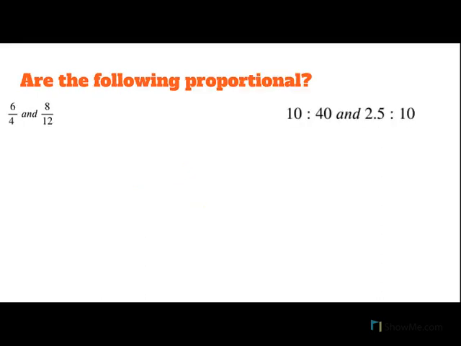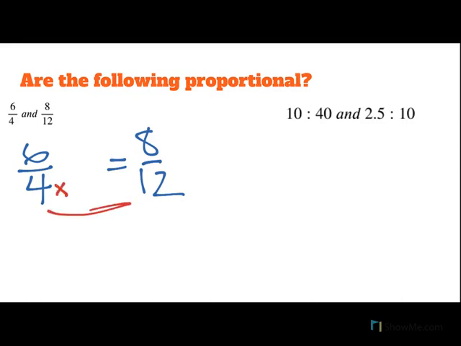So one thing we want to do is determine, are things proportional, yes or no? So, for example, here I have 6/4 and 8/12. Can I see if these are proportional? Well, the idea is that I should be able to take one, multiply it by something, and then get the other one, right? So if I wanted to get my bottoms to be the same, I'd multiply 4 times 3 to get 12.